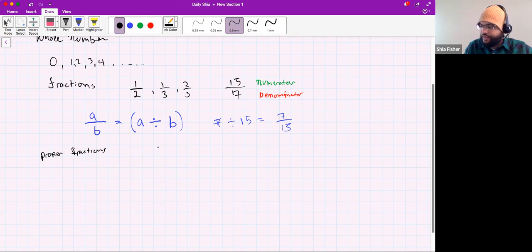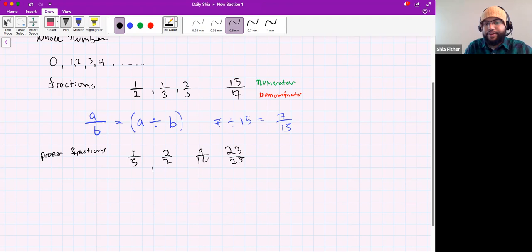Some examples: 1/5, 2/7, 1/10, 23/25. And basically it just means that the numerator is smaller than the denominator, right?